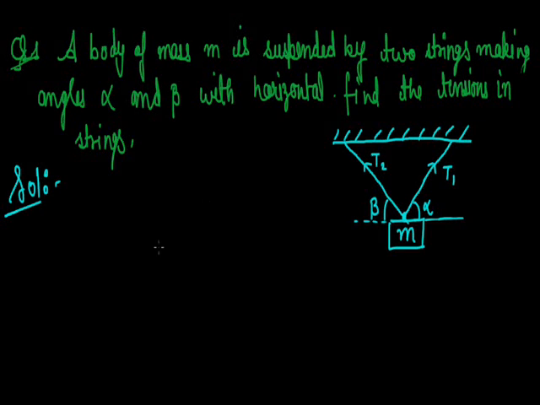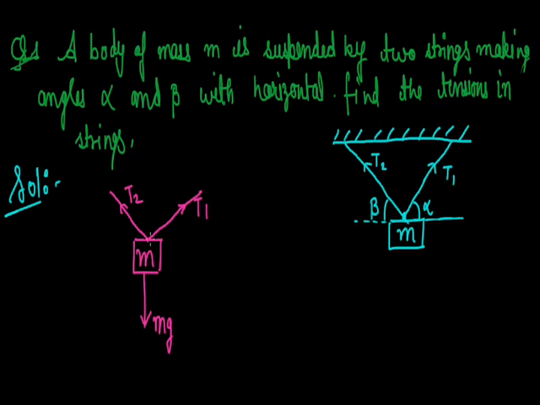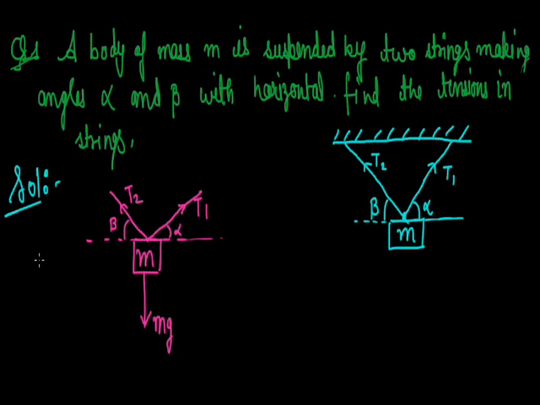Now by making the FBD of mass m, so this is mass m, here downward force will be mg and in strings T1, in second string T2, and this angle with the horizontal is given alpha and here the angle is beta.